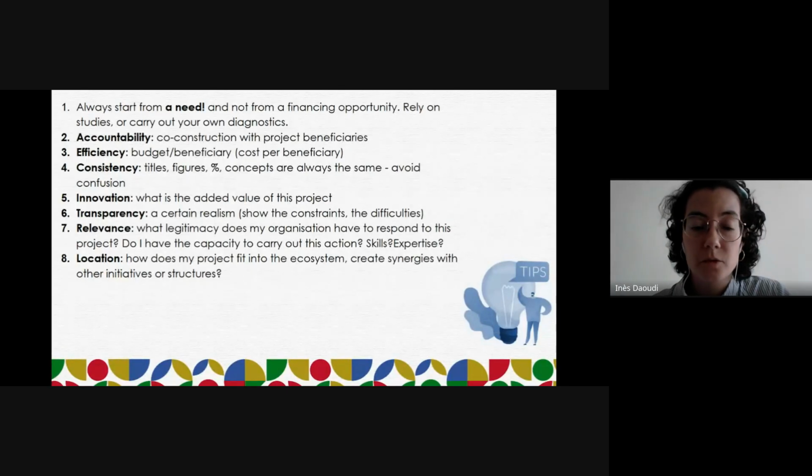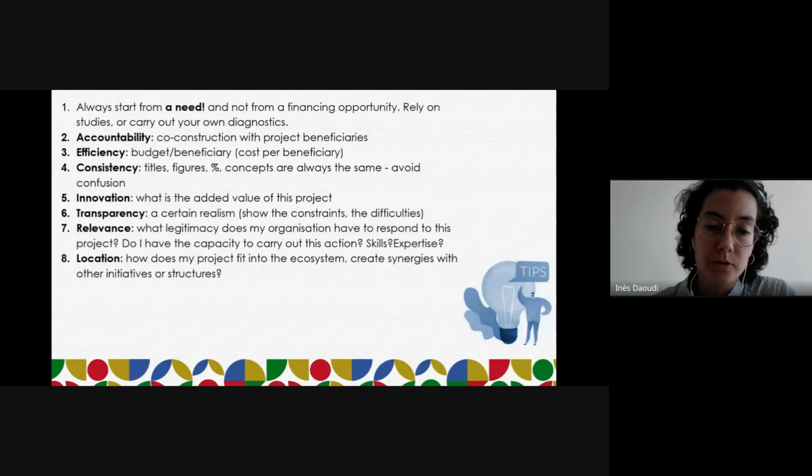Be careful to avoid confusion with titles, figures, percentages, concepts, okay? Number 5, innovation. I think it is more and more asked by the current donors: what is the added value of the project?